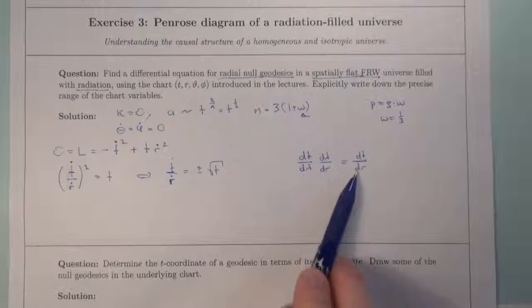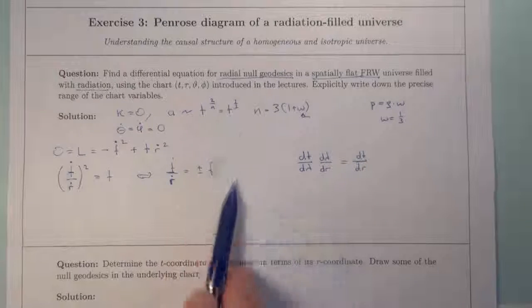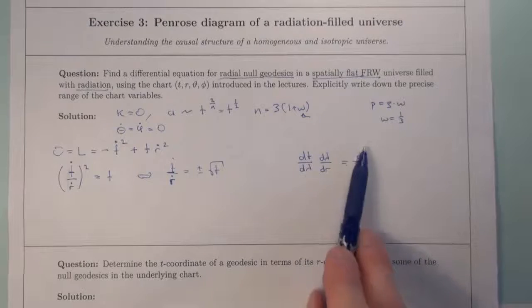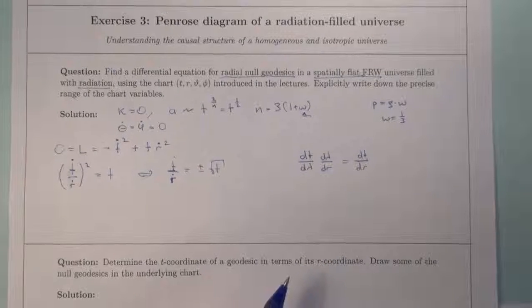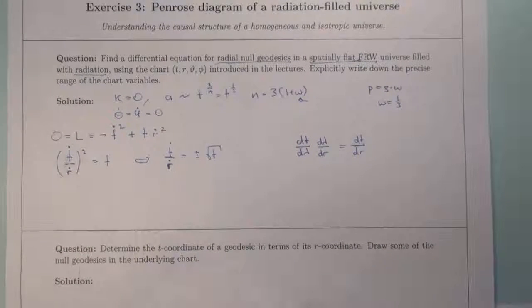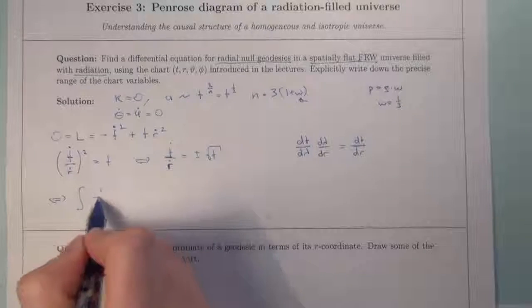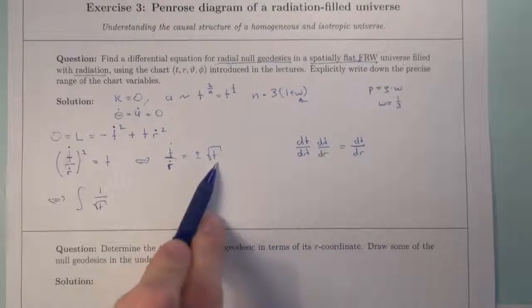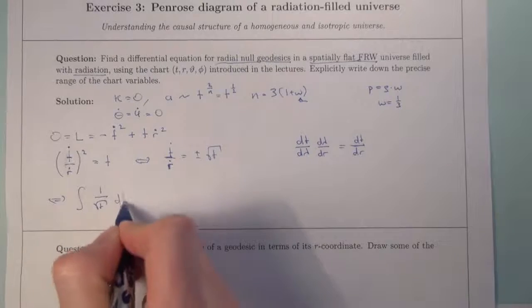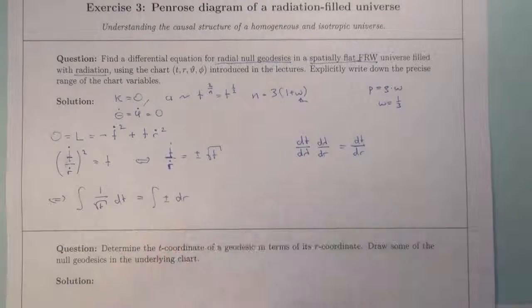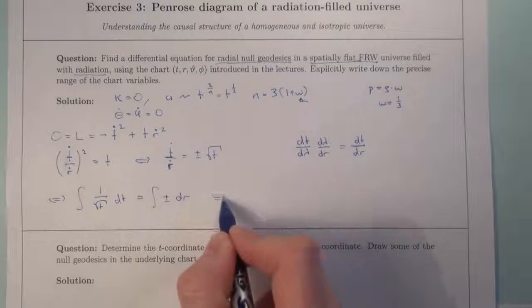Since this is precisely what we want, because we want to draw a diagram in t and r, we need t in dependence on r. I will write the integrals first: we divide by square root of t, so integral of dt over square root of t equals integral plus minus dr. Okay, this can be solved.